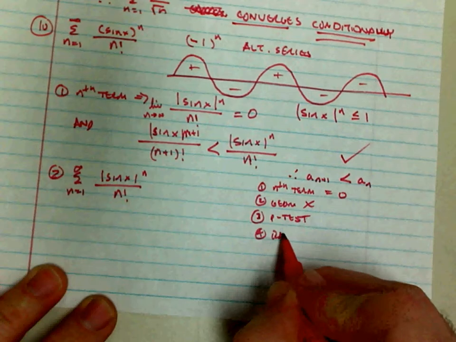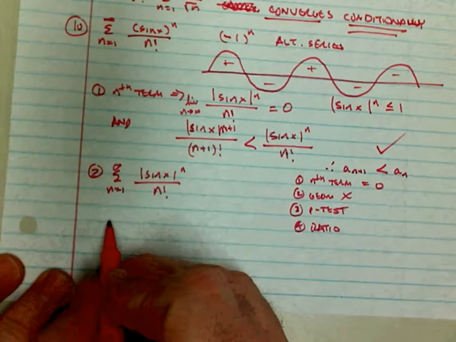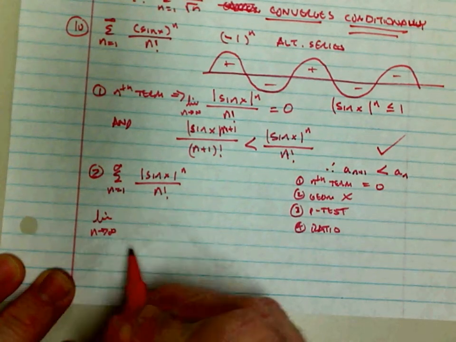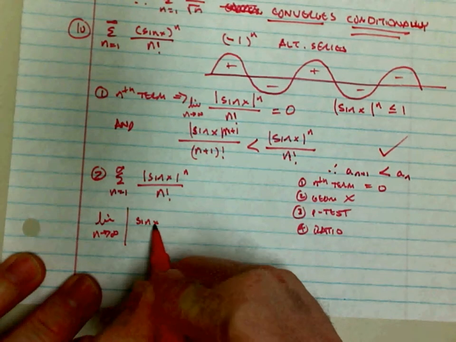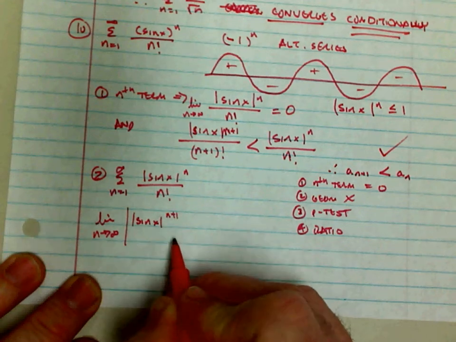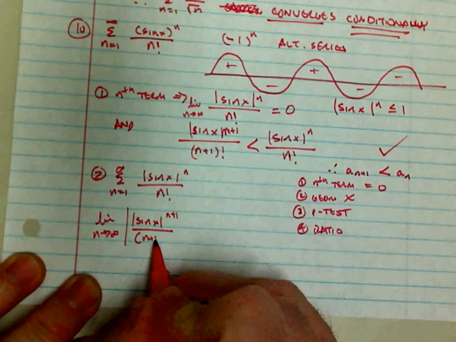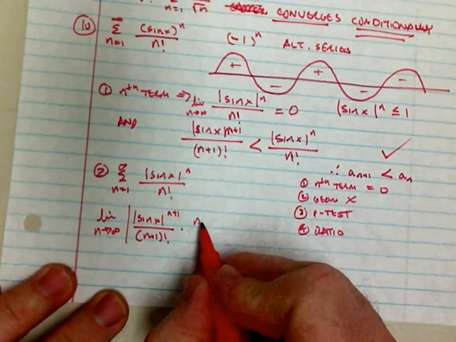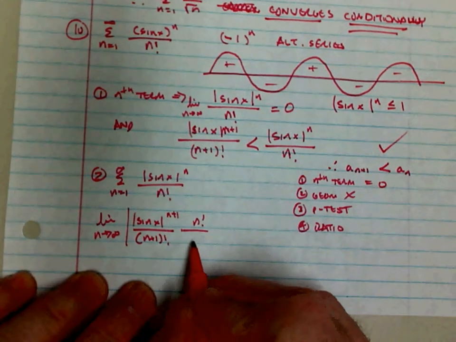So let's use our ratio test to test this, which means we're doing the limit as n goes to infinity of the sine of x, absolute value, to the n plus 1, divided by n plus 1 factorial, times the reciprocal. I'm working a little bit ahead, knowing we've seen these enough that we don't need to show it as the initial ratio.